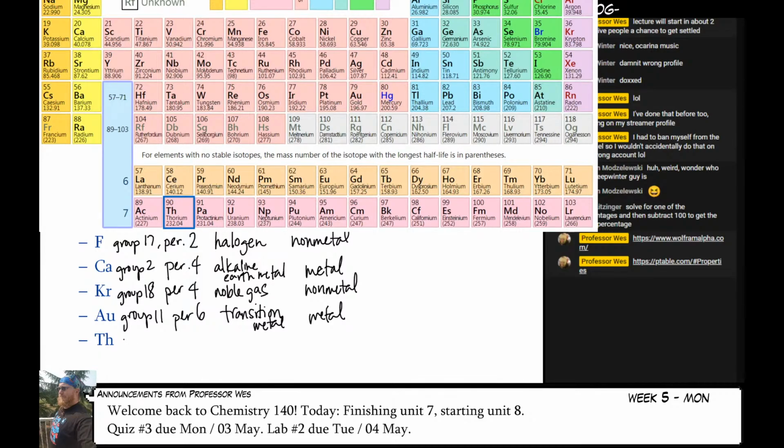So thorium is in group, doesn't really apply. There is no group for transition, or for lanthanides and actinides. But it is in period, and you can calculate that. Oh, it's right there. So that's period 7. It is an actinoid, and also metal. And you could have said, instead of actinoid, you could have just said inner transition metal or rare earth metal or whatever label was on there.